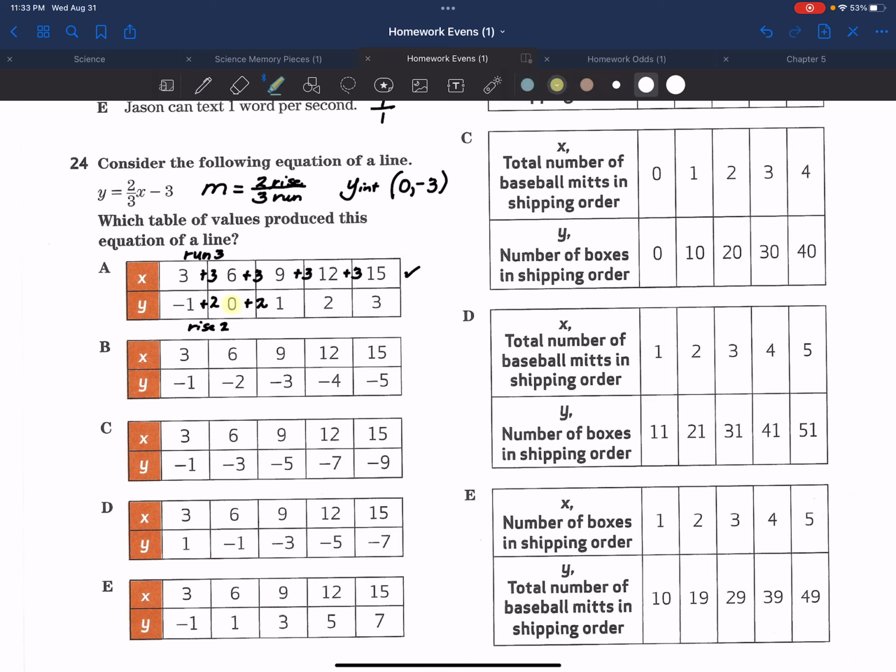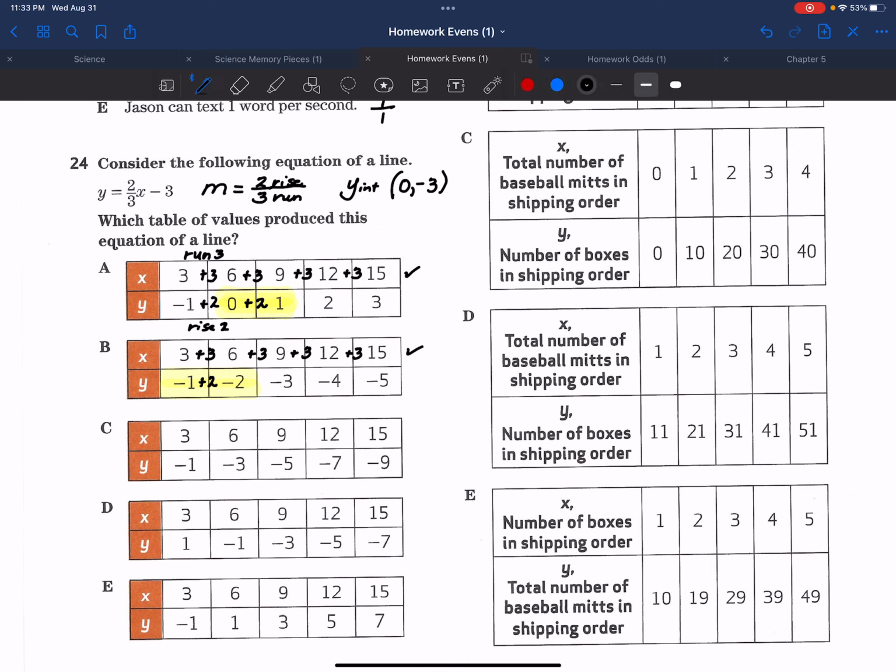So there's a violation. That is not it. Okay, run 3. That checks. All of those work. Rise 2. Negative 1 plus 2 is negative 2. No, there's a violation. So that is not it.